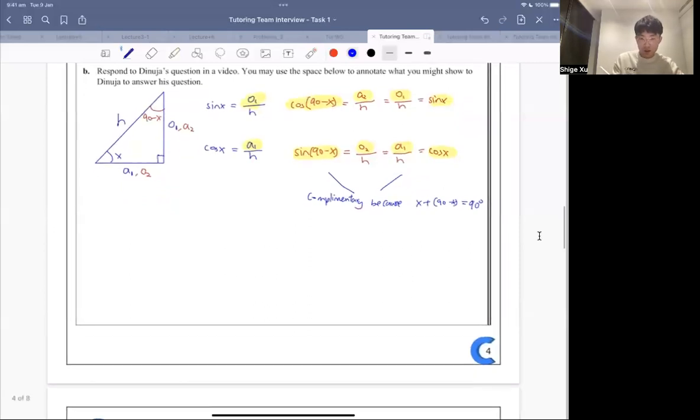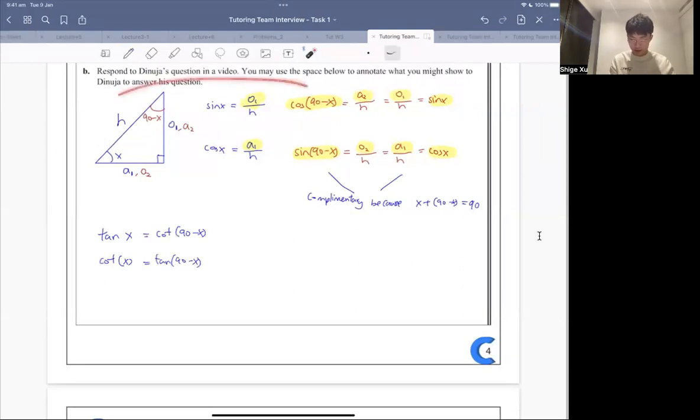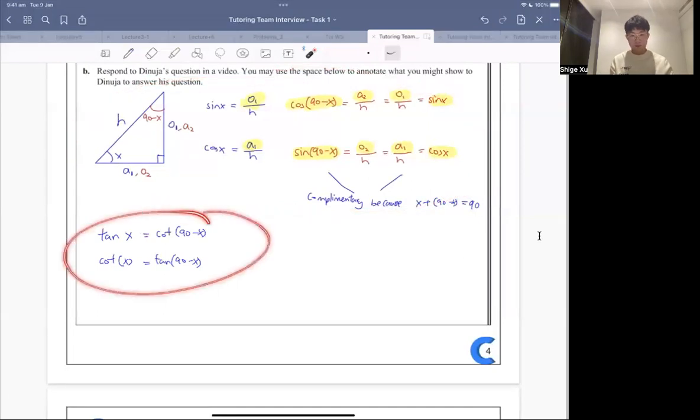So maybe you can try to show me why tangent of x equals cotangent, which is 1 over tangent, of 90 minus x, and why cotangent of x equals tangent of 90 minus x. Try to use the same sort of logic here and show me why this is true.